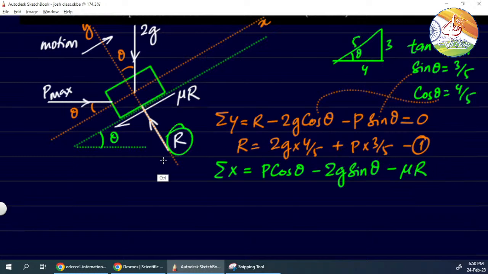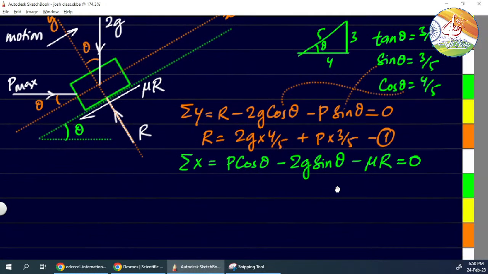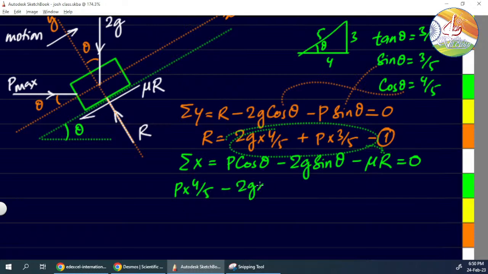R is in the y direction, so it won't have any x components. So the total should be 0 because it is in equilibrium. Now substitute the equation of R here. So we get P cos theta, where cos theta is 4/5, minus 2g sine theta, where sine theta is 3/5, minus mu.